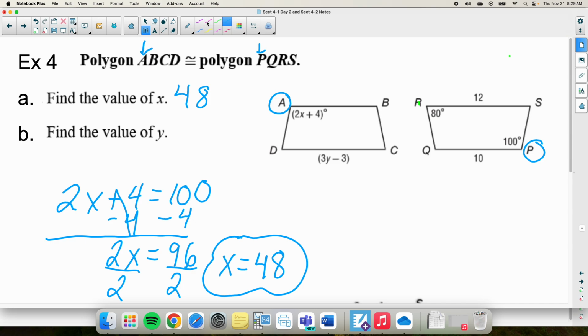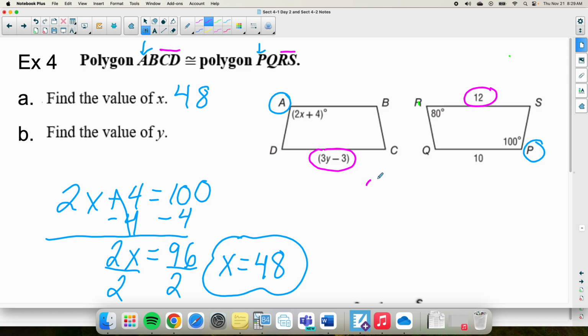And then what we can do is find our y, and y is right here. That's DC, okay? What side on the other polygon would that be equal to? RS, right? Because this is the last two, then this is the last two, and RS is up here.